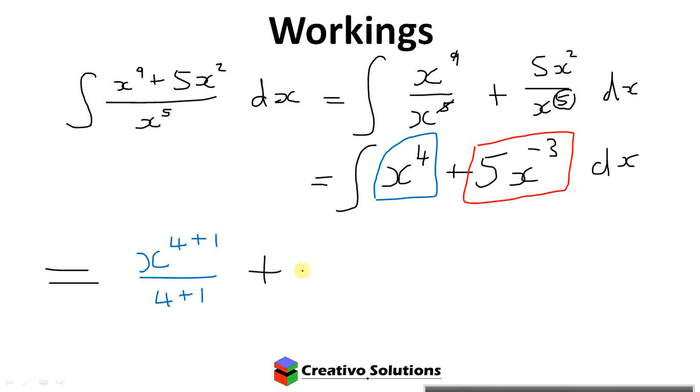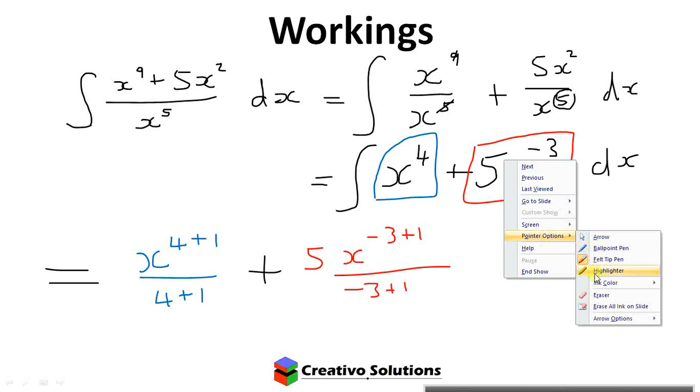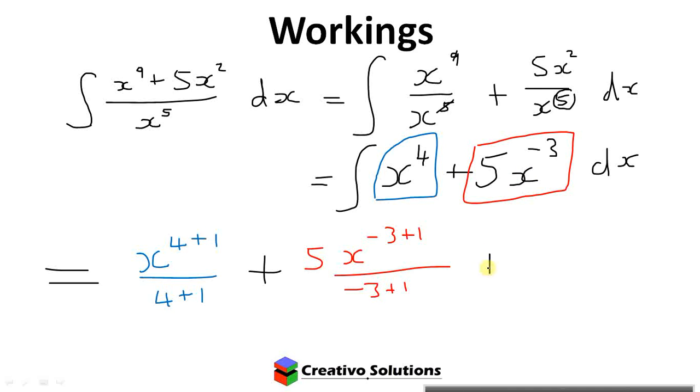If I have a positive and I'm integrating, I'm going to write down the number, x to the minus 3 plus 1 all over minus 3 plus 1. Now the last step is just to simplify. What do you get if you simplify that?